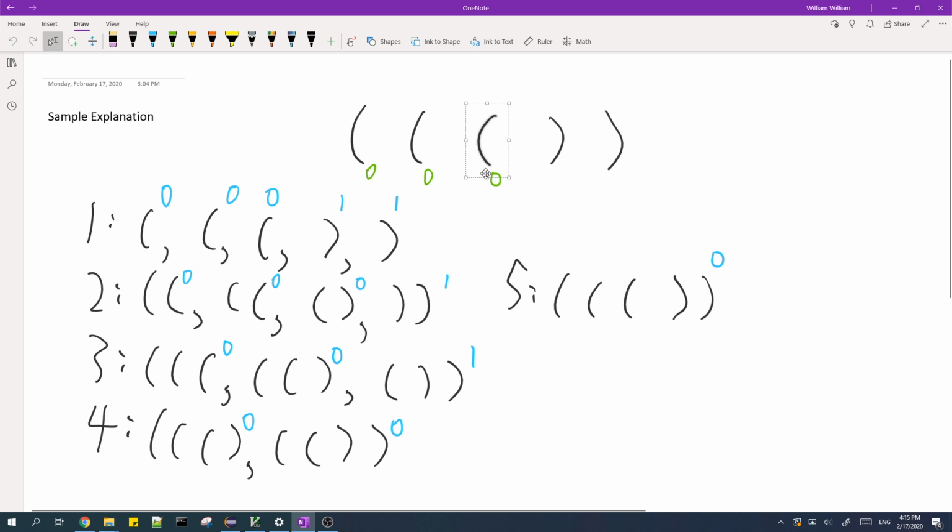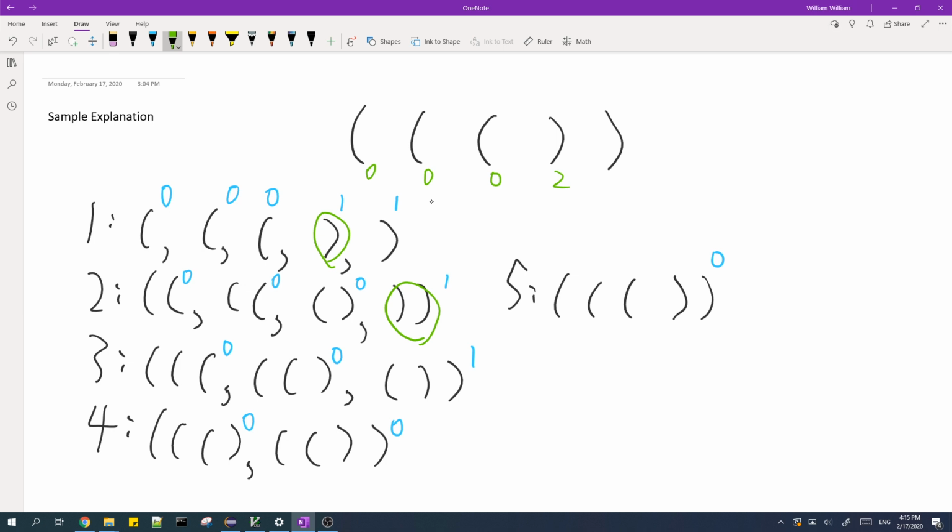So the answer for the contribution for these indexes are 0. And then what about this index over here? Well, we can find out that for this index, in this subarray and in this subarray, we'll change the value of this index. So the answer for this index is 2.